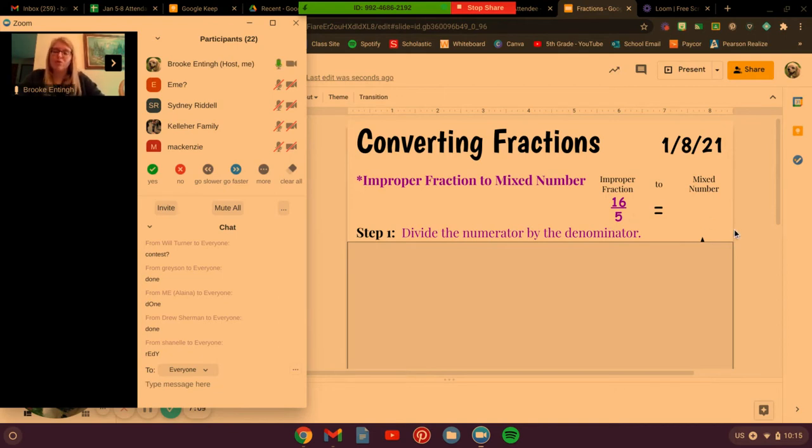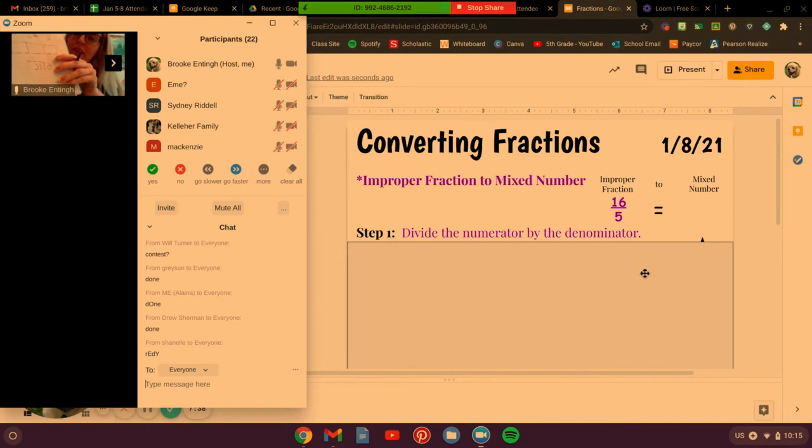So what I'd like you to do, 5th grade, is once you write out step 1, divide the numerator by the denominator, underneath this step, I want you to divide 16 by 5. And remember, we would put the 16 inside our box.